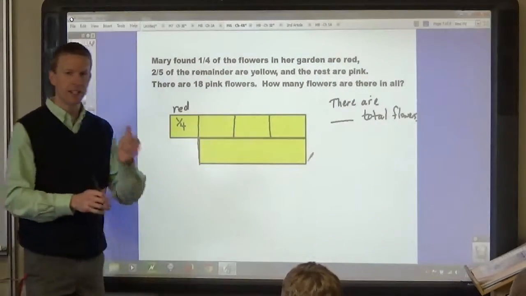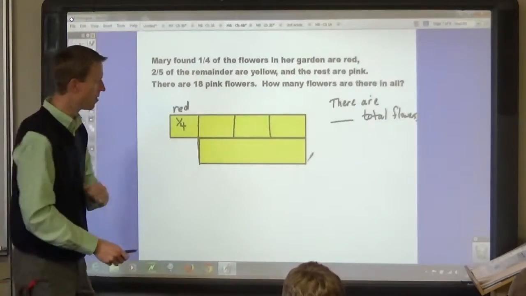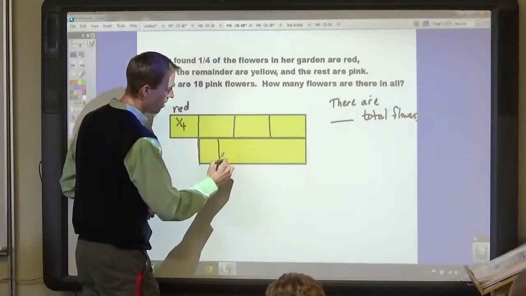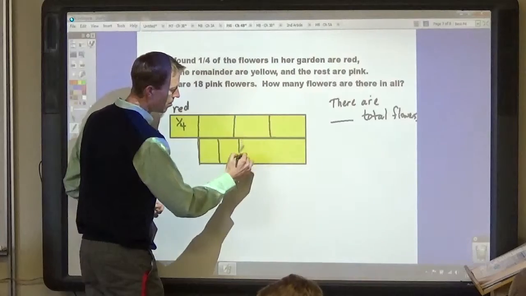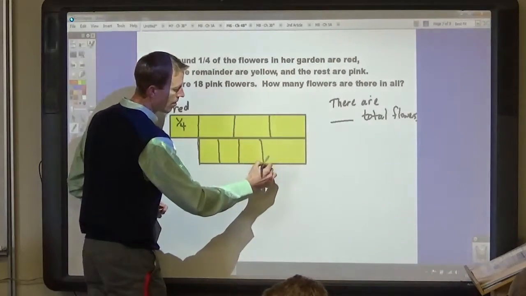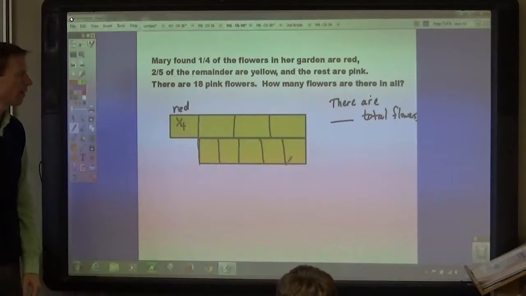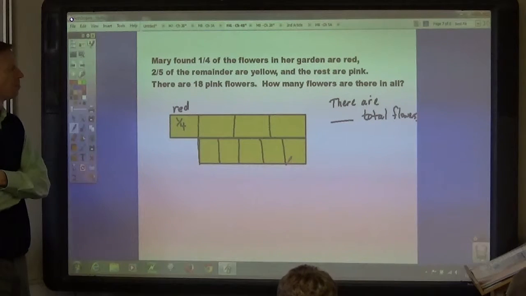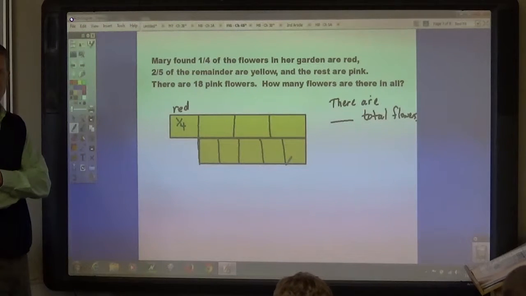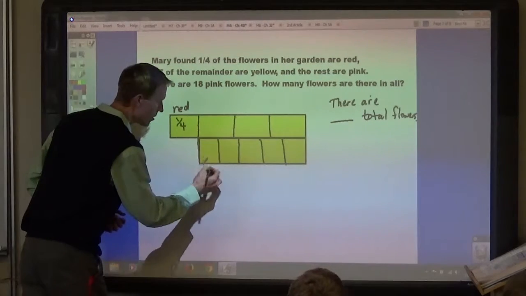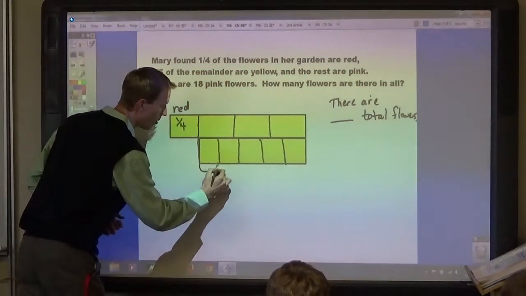How many lines do we need to cut it into fifths? 4 lines, right. 1, 2, 3, 4. And we have fifths. 2/5 of the remainder are yellow. So these 2/5 are yellow.